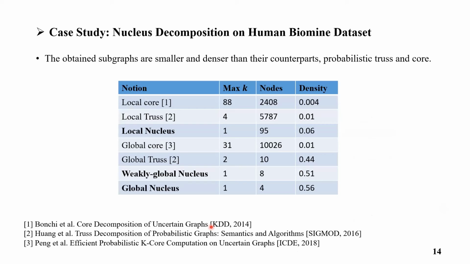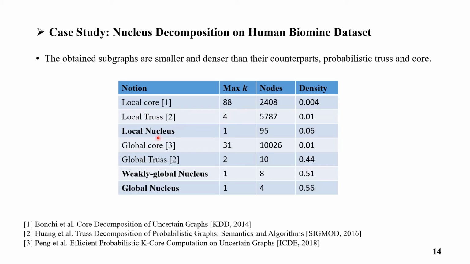Here in this slide, we also compare our nucleus decomposition with its counterparts, probabilistic truss and core. So we have local core and local truss, as well as global core and global truss. Here we report the maximum K, which is the maximum value of K such that the corresponding subgraph contains proteins of interest, and this is the number of nodes and probabilistic density.